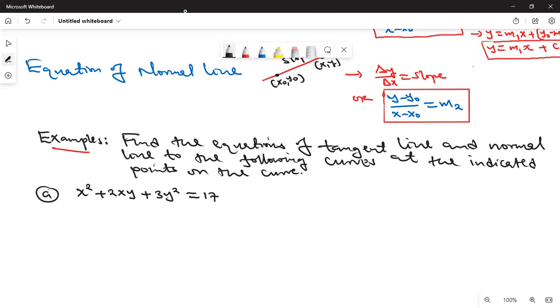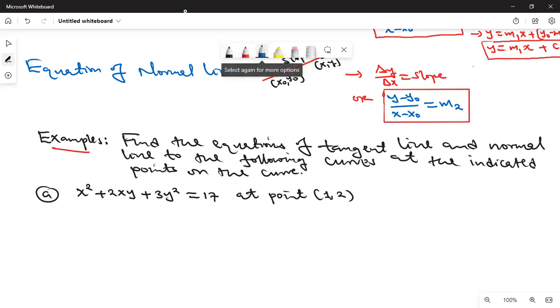Sorry, and the point here is 1, 2, at point 1, 2. So let's see how to find those two equations.